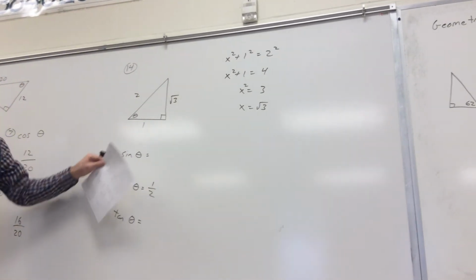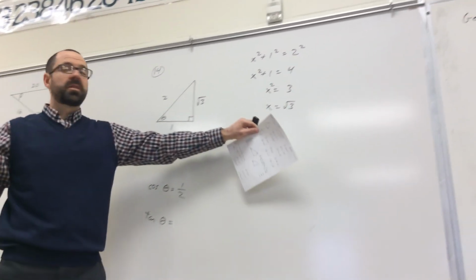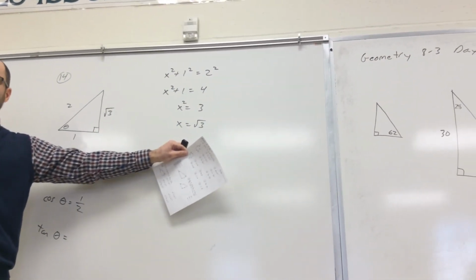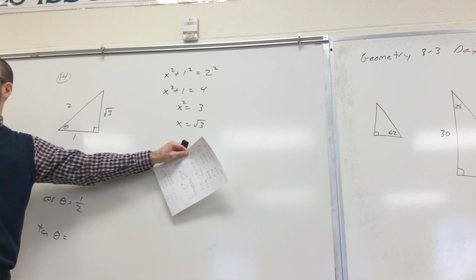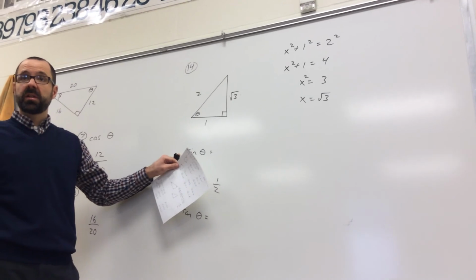So now we can answer these questions. Sorry, I wrote that down kind of quick. All right, so the sine is opposite over hypotenuse.